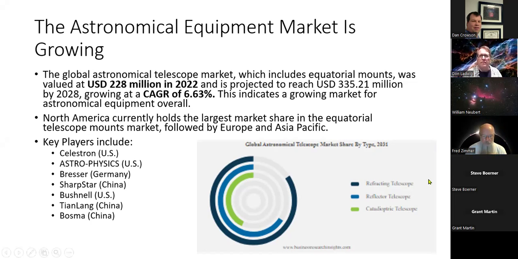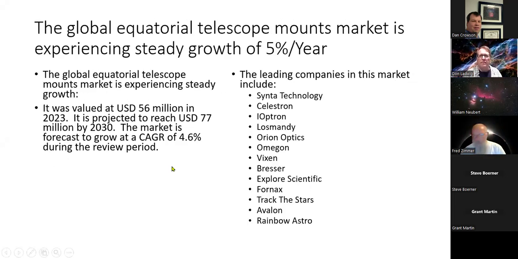So anyway, refractive telescopes are certainly very popular. That could be for imaging purposes. It didn't break down that specifically. And then if we look at equatorial mounts, they continue to also be growing. It's a growing hobby and a much smaller market, 56 million.